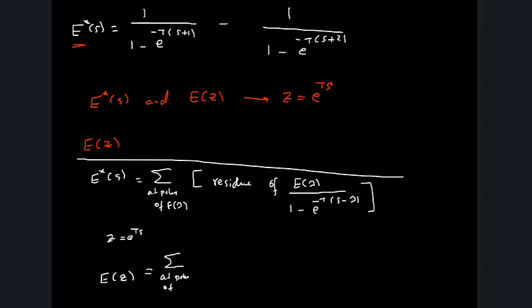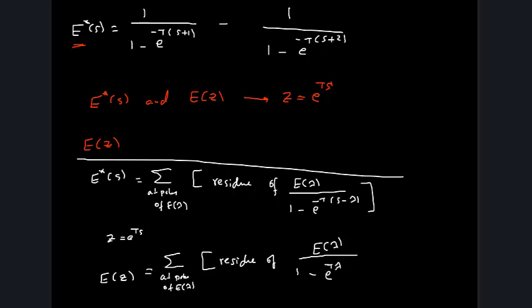poles of E of lambda, residue of E of lambda over 1 minus exponential of t lambda.